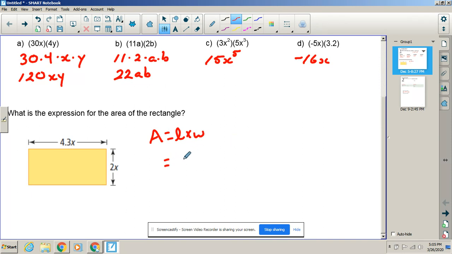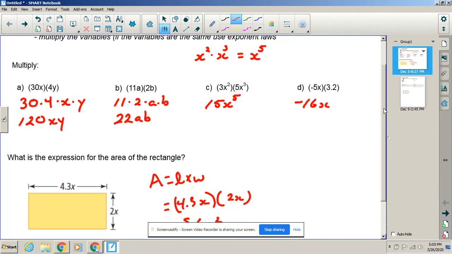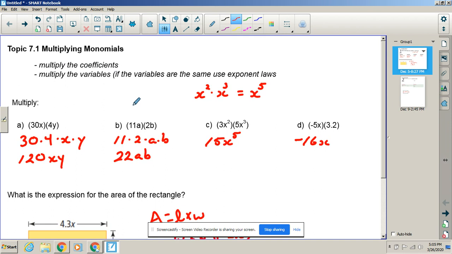So all I'm doing is I'm taking 4.3x, let's put brackets around that, times 2x, and I just apply the same process. I'm going to multiply the coefficients, 4.3 times 2, which is 8.6, and x times x, which is x squared. So the area of this rectangle is 8.6x squared. And that is how to multiply monomials.